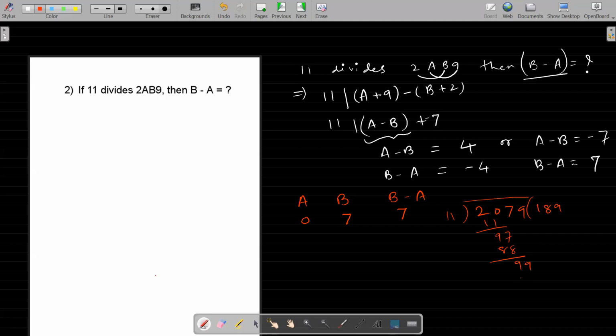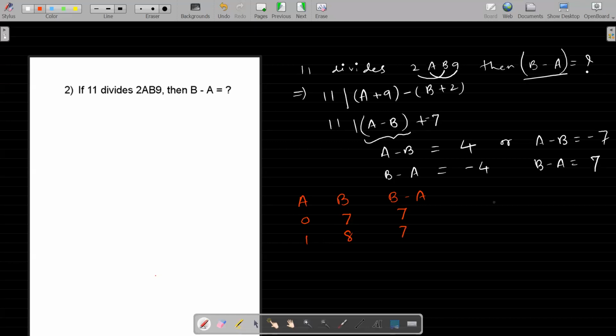Right? So that is perfectly divisible. So if A is 0, B is 7, the number is divisible by 11, right? Or if I make A as 1, B should be 8. So again, the difference is 7, and you can check.